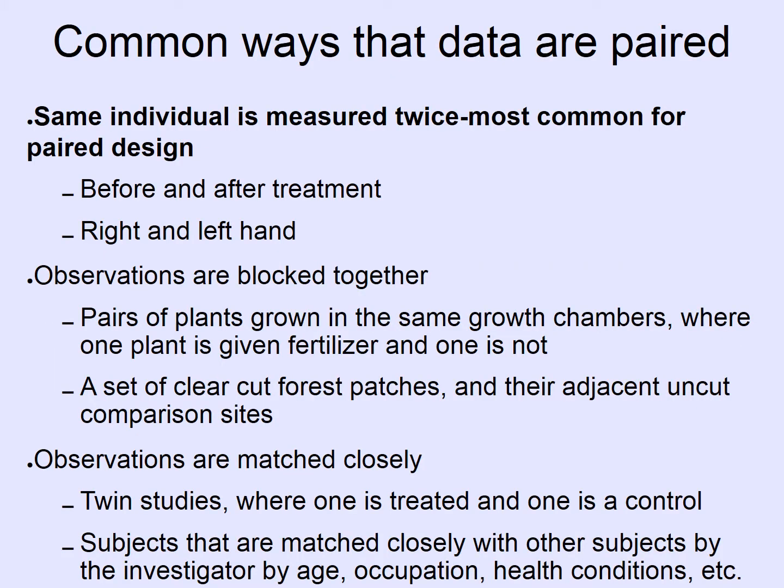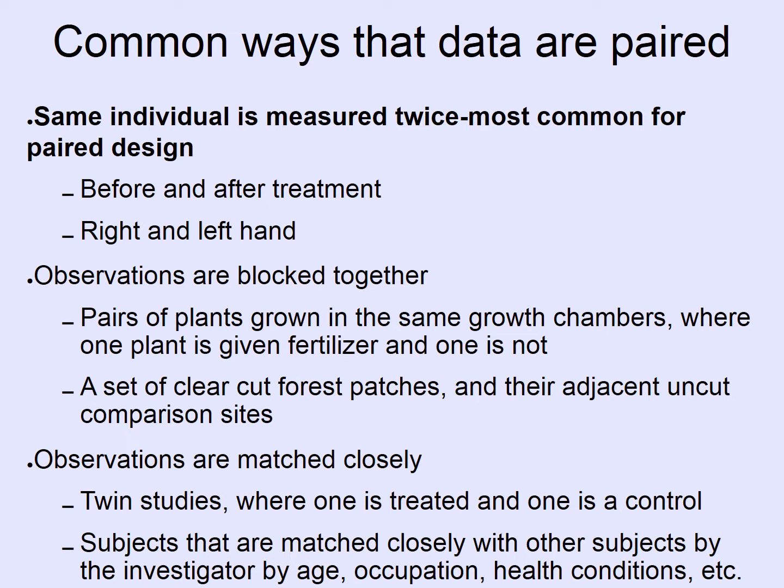So, as I said, the same individual measured twice is the most common for a paired design, before and after, a right hand and left hand. But in this case, you have one experimental unit that is being measured maybe before and then after, say before a drug treatment, after a drug treatment. Okay.